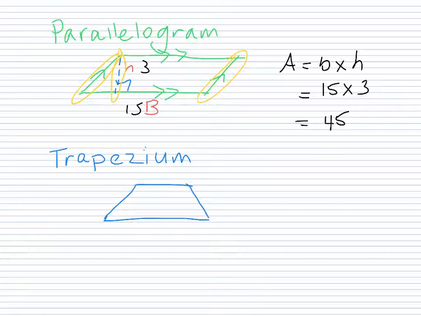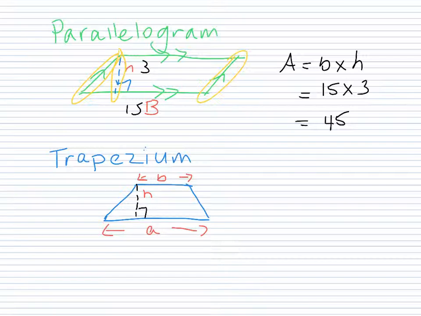Okay, now we're going to look at our trapezium. Here, this distance along here is known as A. This distance up here, which you can see is shorter, is B. Once again, just like our triangle, we put our straight line down, and this is known as our height.